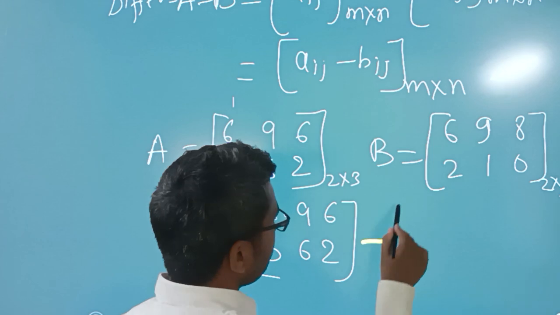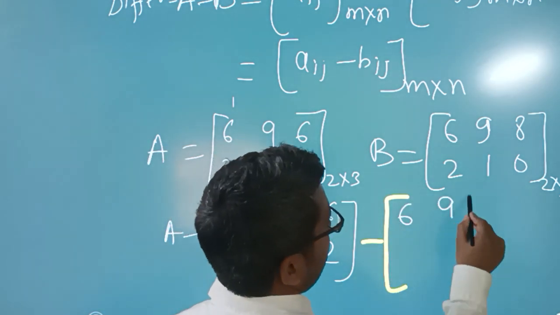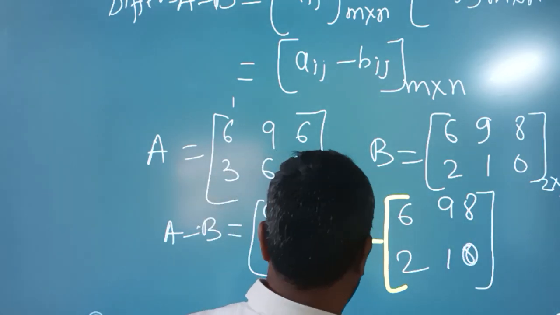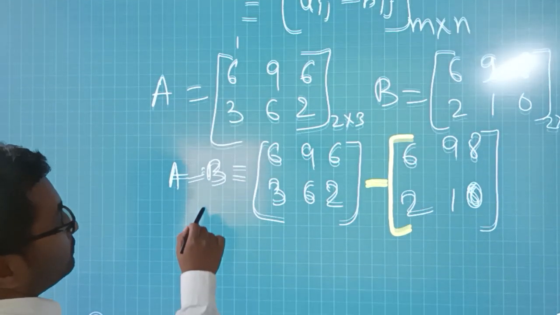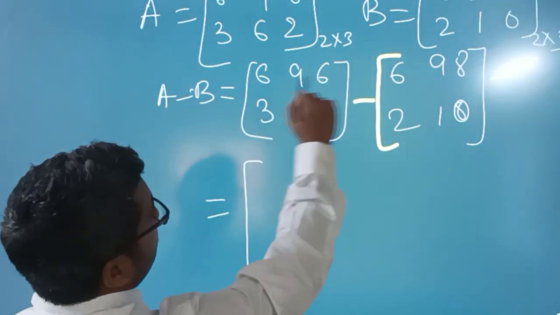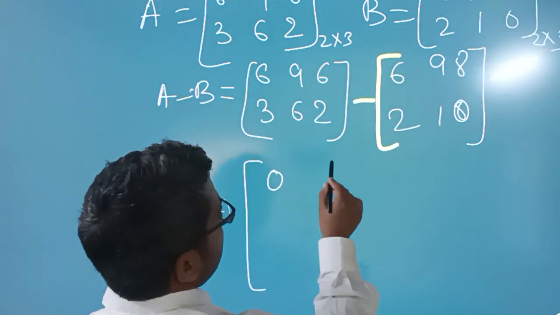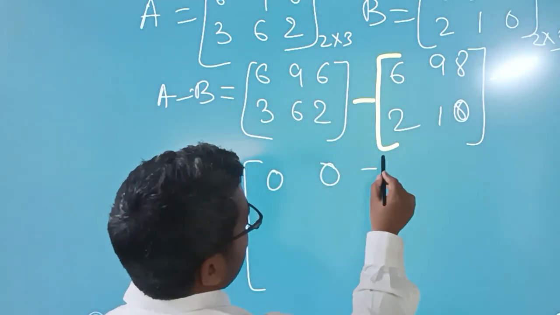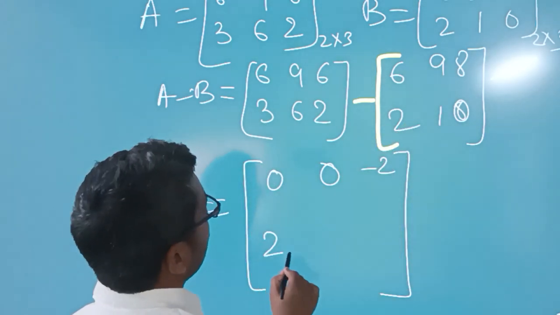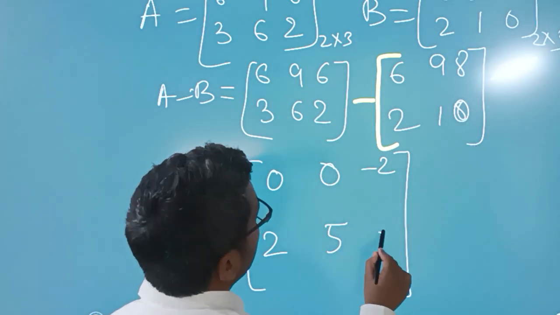Here we can see 6 minus 6 is 0, 9 minus 9 is 0, 6 minus 8 is minus 2, 3 minus 2 is 1, 6 minus 1 is 5, 2 minus 0 is 2.